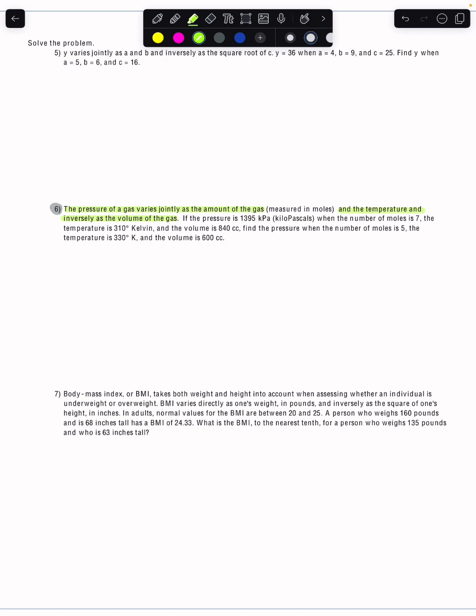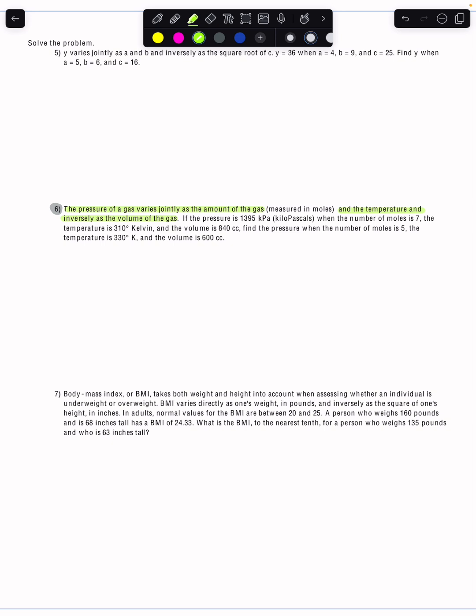If the pressure is 1,395 kilopascals when the number of moles is 7, the temperature is 310 Kelvin, and the volume is 840 cc, find the pressure when the number of moles is 5, the temperature is 330 Kelvin, and the volume is 600 cc.